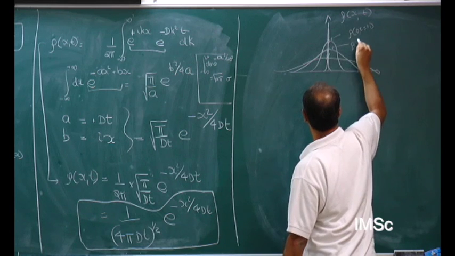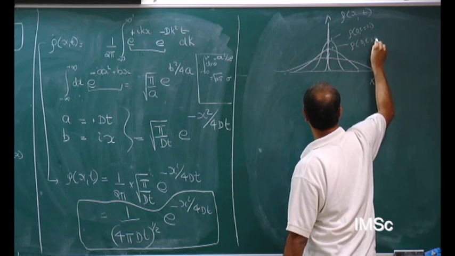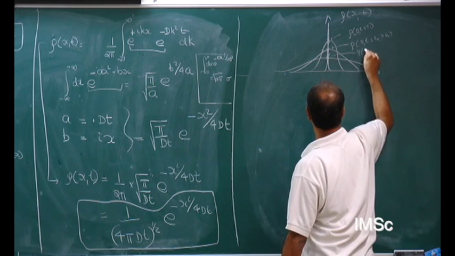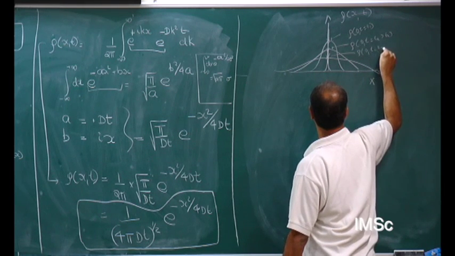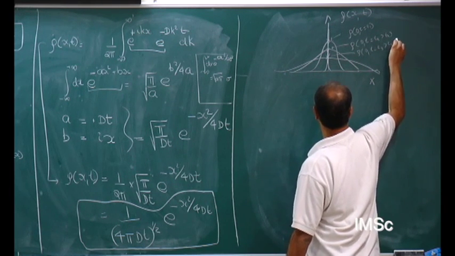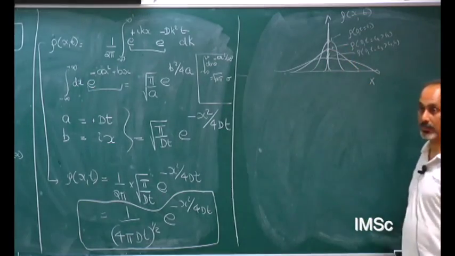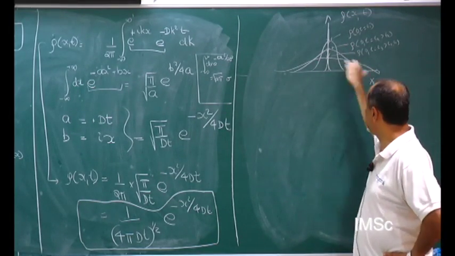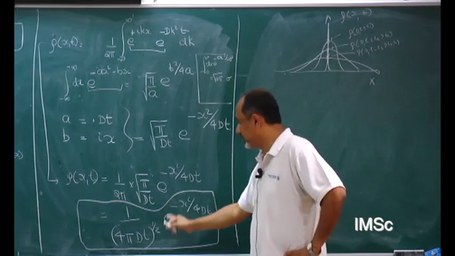This is rho of 0 at time t equal to t2, which is greater than t1. And similarly, this is rho of 0 at time t equal to t3, which is greater than t2 and t1. So this just says that the value at 0 is going down in time. The remaining part of the graph I can just plot because I know what this function looks like.